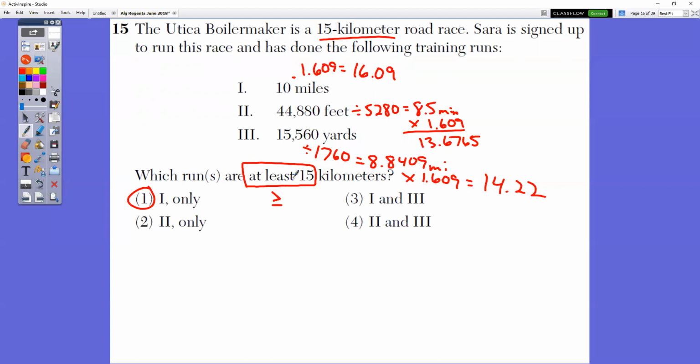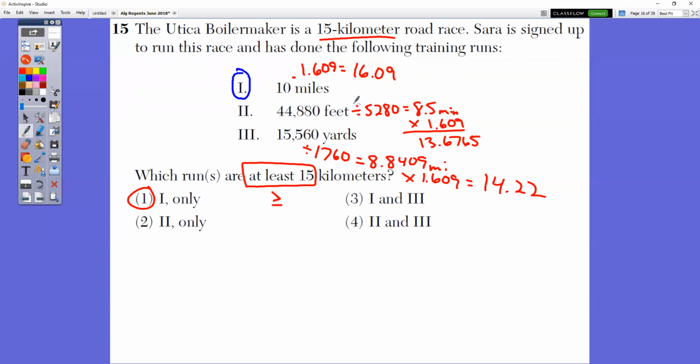You have to be at least 16 years old to drive a car. You can be equal to 16 or older than 16. So this one is correct. How about 44,880 feet? Well, you don't have in your reference sheet a conversion that goes from feet to kilometers. So therefore, we need to change this feet into miles first.